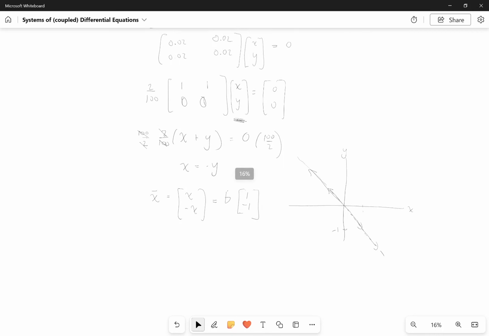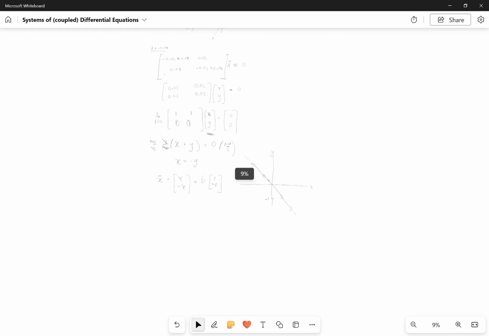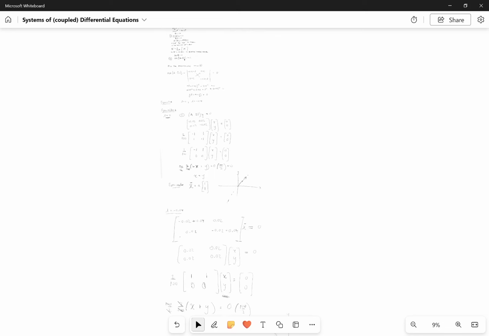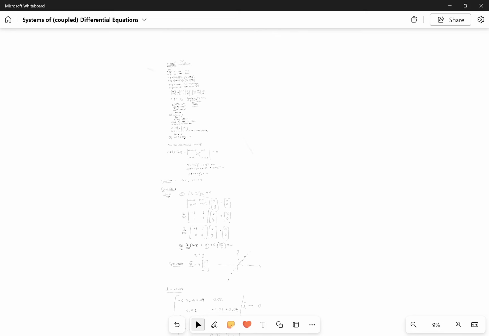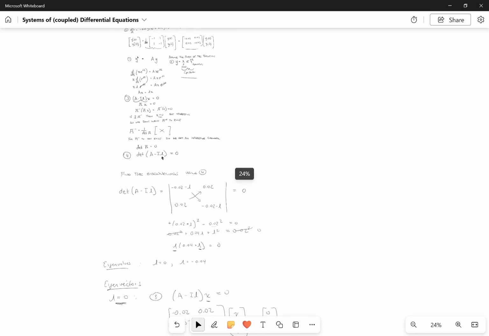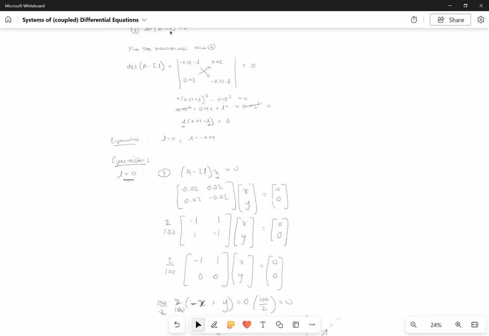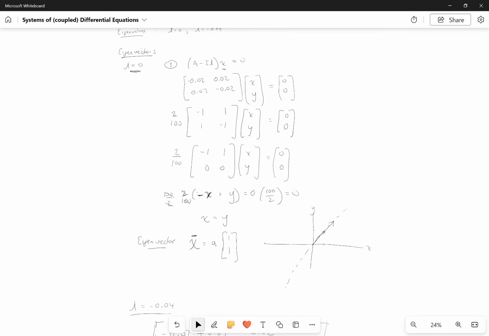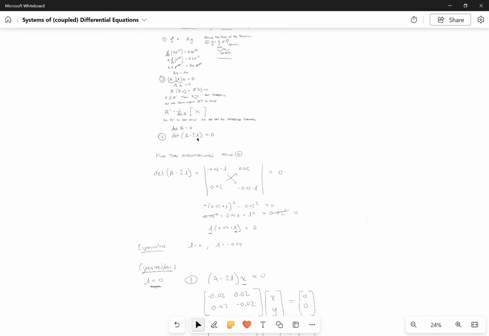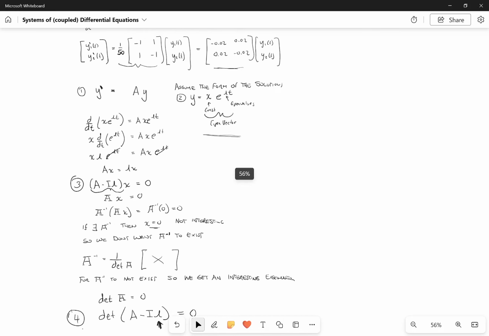Okay, so what do we have? Let's take a step back. We solved for our eigenvalues. We solved for x, those vectors, and we had an assumed form of the solution. Let's go back to this guy right here.